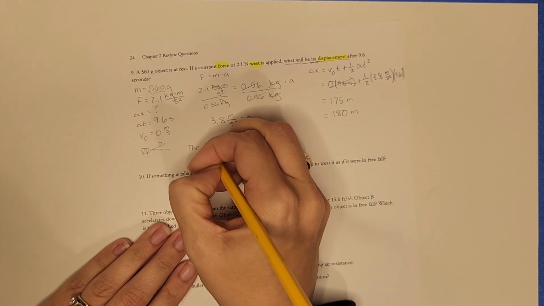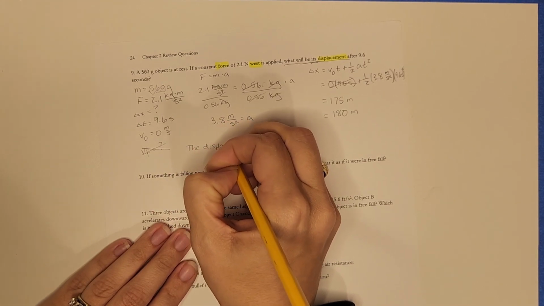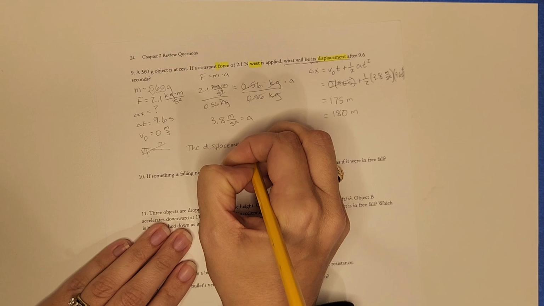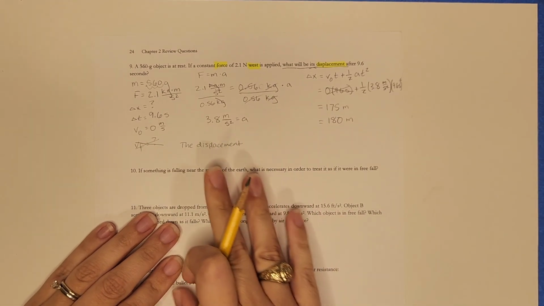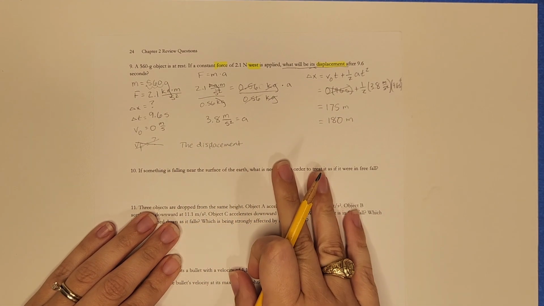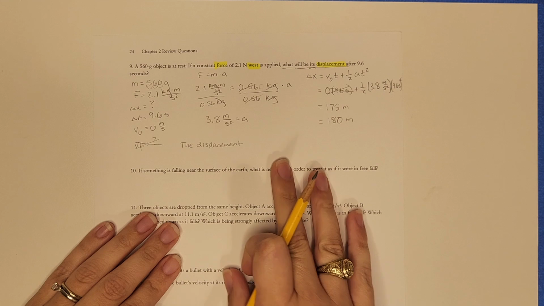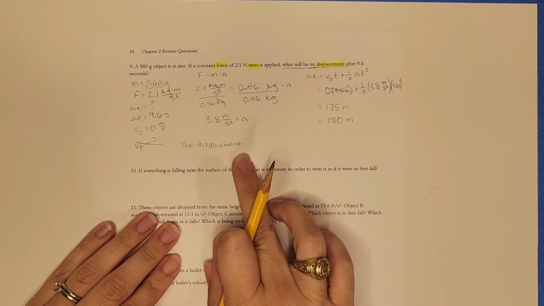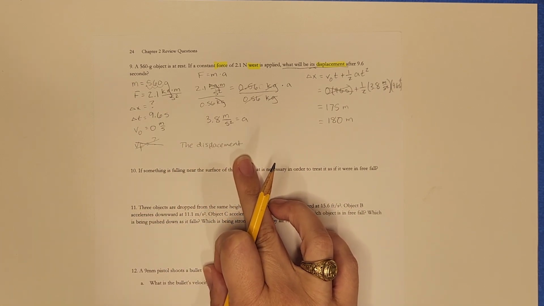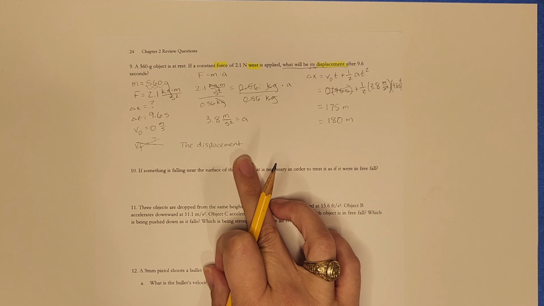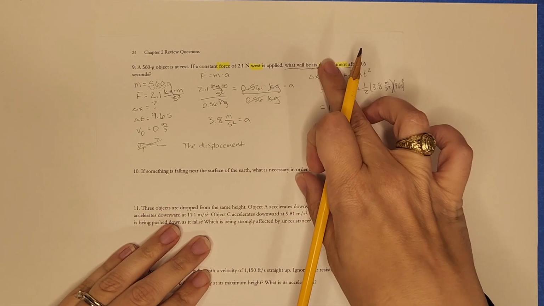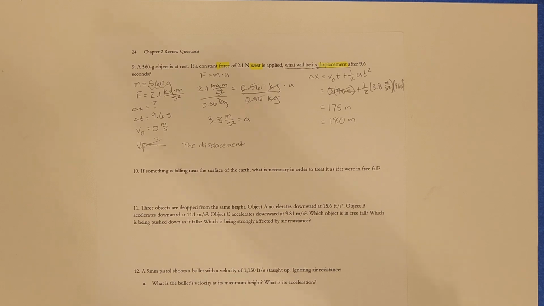The displacement, and this is the great thing that I like about writing out your answer in a complete sentence. As I'm writing this, I see displacement and I'm thinking, oh, that's a vector quantity. I'm going to have to write a direction. I'll still figure that out when I do this, but it's a great reminder.